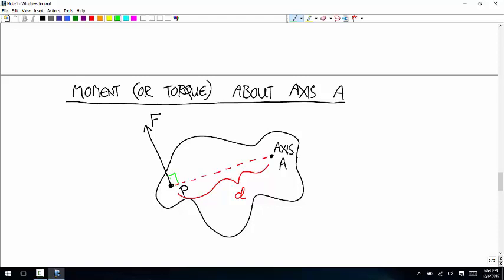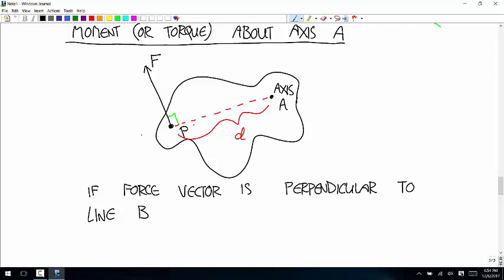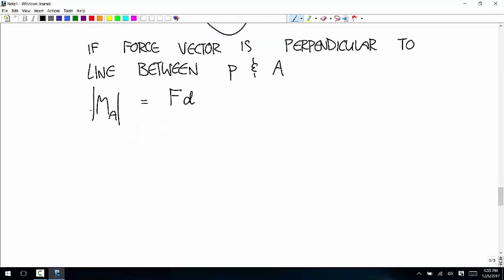So if the force vector is perpendicular to the line between P and A, then the absolute value of the moment, so I'll write that like that, so we're not dealing with the sign yet, we'll deal with the sign separately, is equal to the magnitude of the force times that distance d. And then we can put a sign on this.